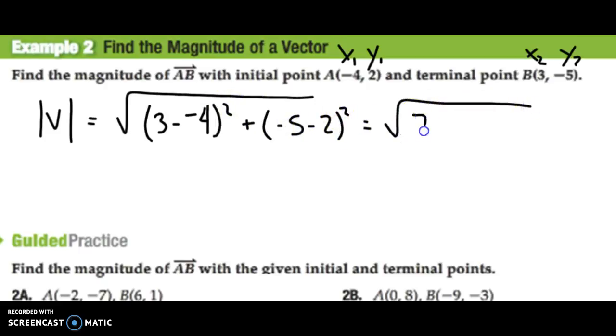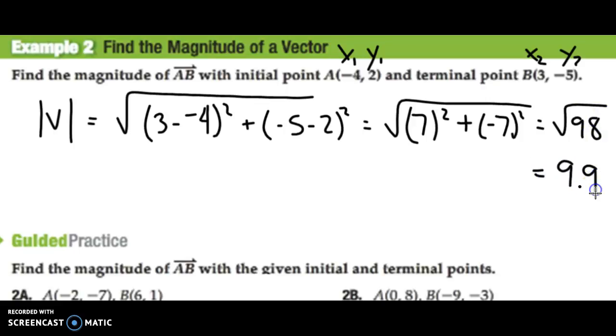Simplify it to be 7 squared plus -7 squared, which is the square root of 98. If we reduce that down, approximately 9.9. So that's my magnitude right there, 9.9.